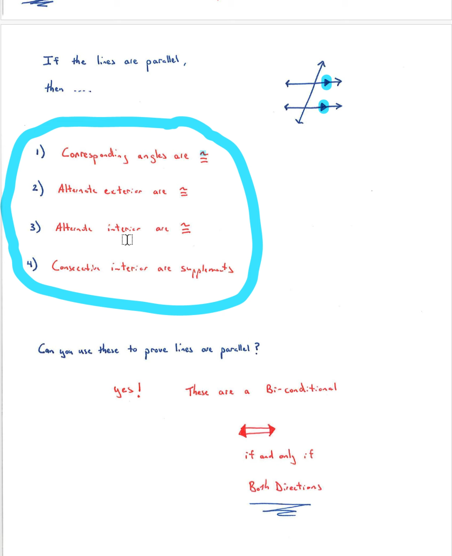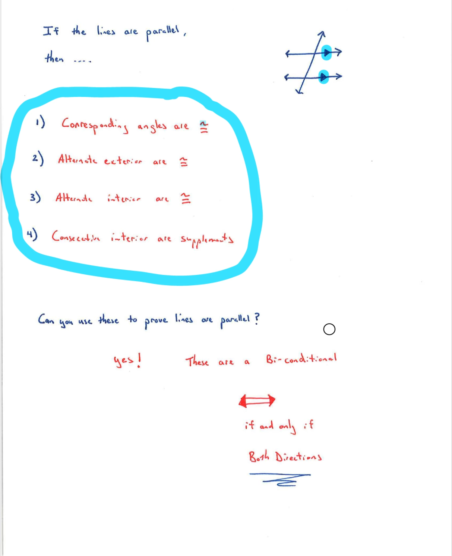So it's a way to prove lines are parallel by showing me that any one of these 4 things is true. And that'll end up being what they call a biconditional, which is like a double arrow. And in math, you might see "if and only if." It means both directions. If parallel, then blue. If blue, then parallel. And not all things in life go both directions. Okay? And so we'll continue to talk about parallel lines and what they all mean.